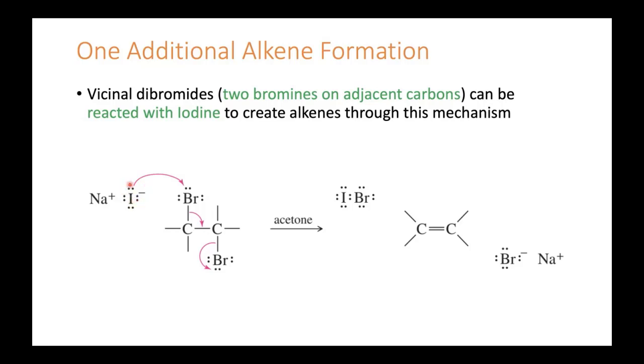Sodium iodide or potassium iodide will come and take away a bromine. The electrons will move, and it'll force the bromine to leave. This looks similar to our E2 or E1 mechanism, but know that we actually have two bromines instead of a hydrogen and a leaving group. This forms a double bond. So that is actually it.